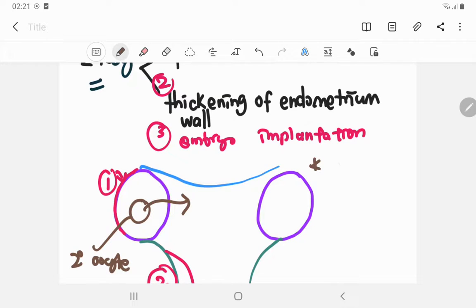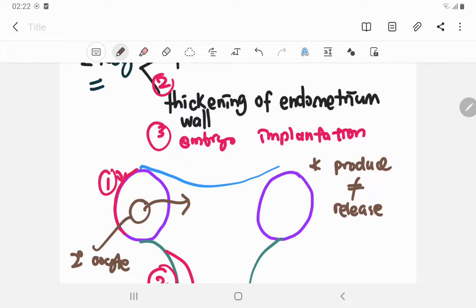So please note that producing secondary oocyte is different from releasing secondary oocyte. Menghasilkan secondary oocyte tak sama dengan membebaskan secondary oocyte. Producing secondary oocyte occurs in the ovary, while releasing secondary oocyte is a process whereby the secondary oocyte is released from the ovary to the fallopian tube.